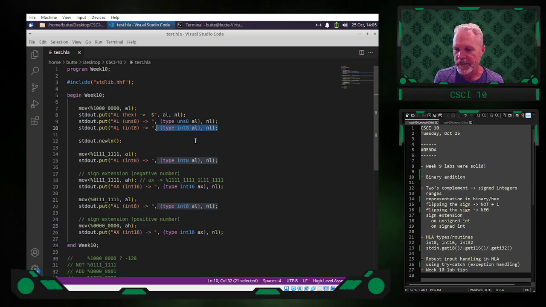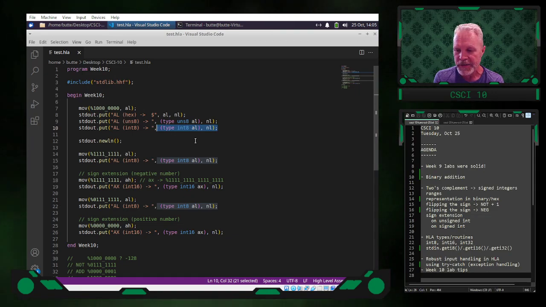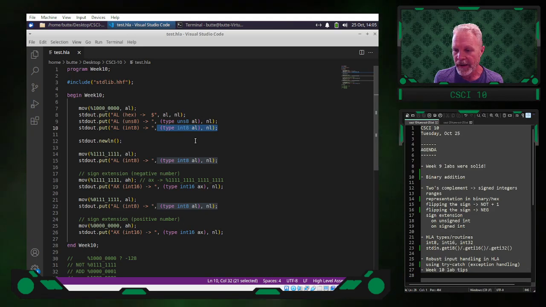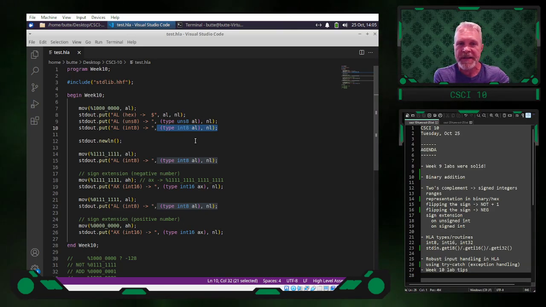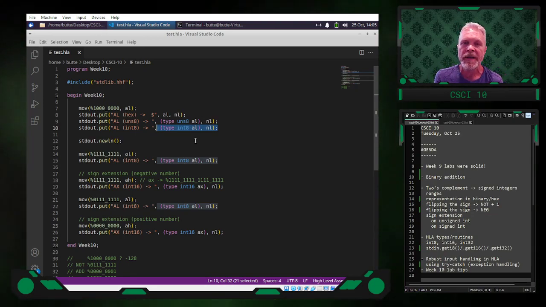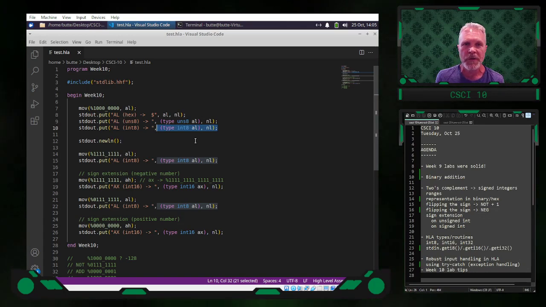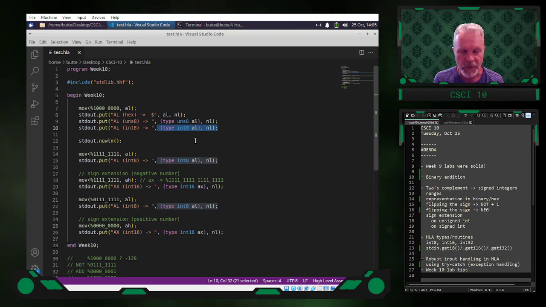Yes. So Druid asks in chat, the meaning of sign extension is you move 8 bits of ones into the next higher section for negative numbers, or you move 8 bits of zeros into the next higher section for positive numbers, and that is correct.